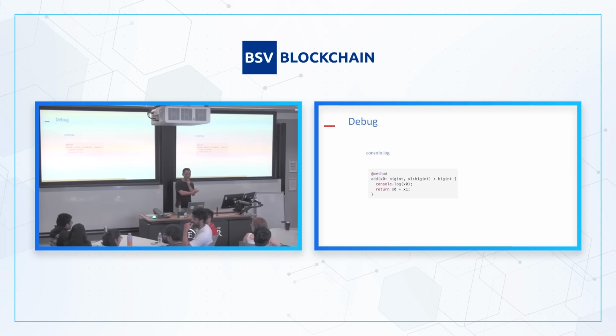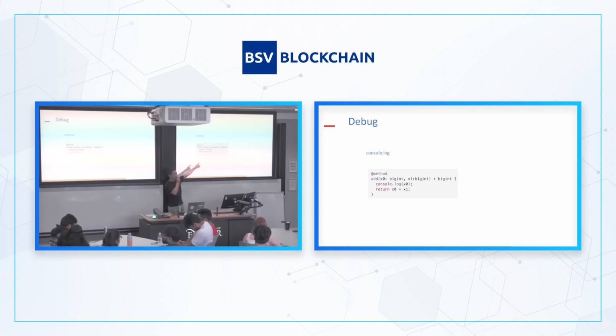So we also offer this tool called console log. The good thing is you can put it anywhere in the contract. Anything you want to print out, you just console log and you can print out the value. It works just like JavaScript. For example, here we have this method, taken from the demo contract, where we are adding 2 numbers, x0 and x1.